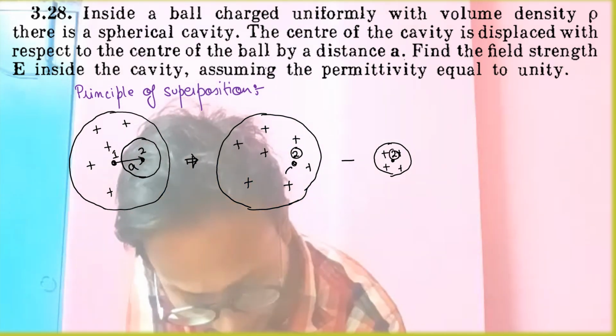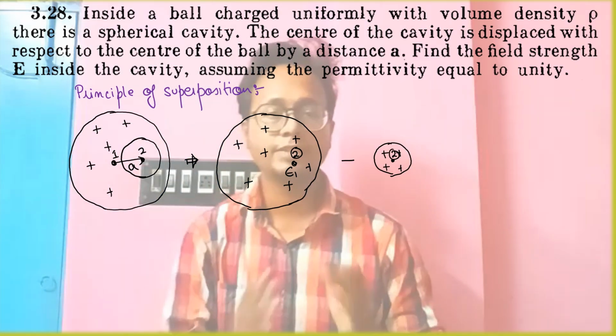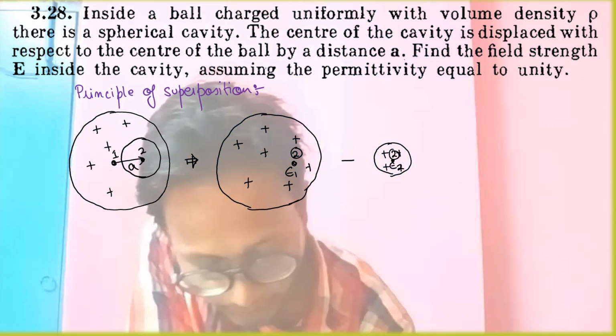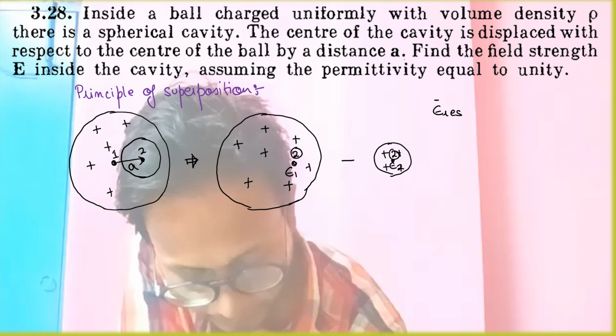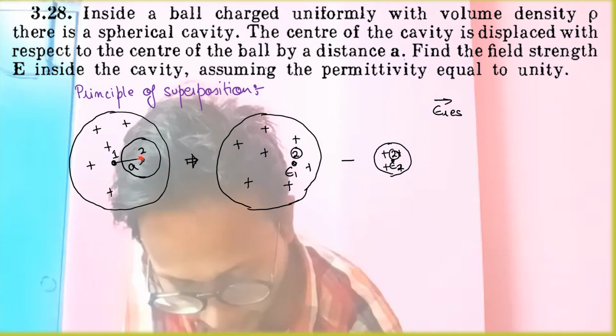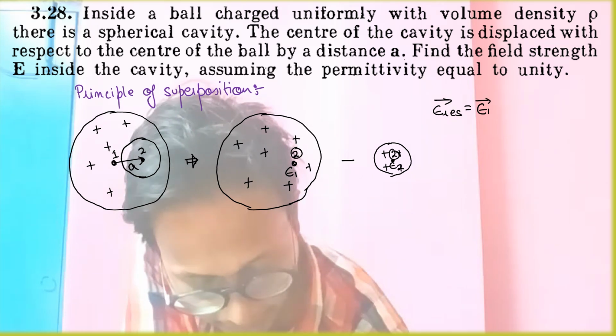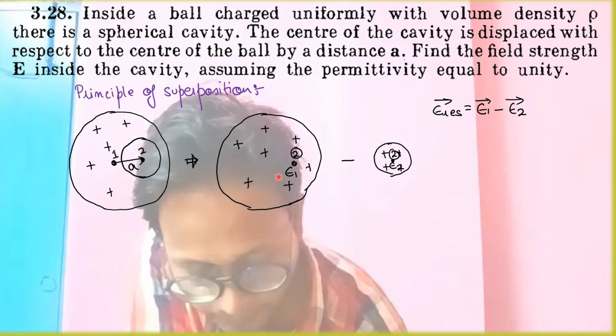So let the electric field due to the entire filled sphere be E1 and the electric field due to the cavity-filled sphere be E2. So E resultant, or net electric field, at the center of the cavity is equal to E1 vector minus E2 vector.